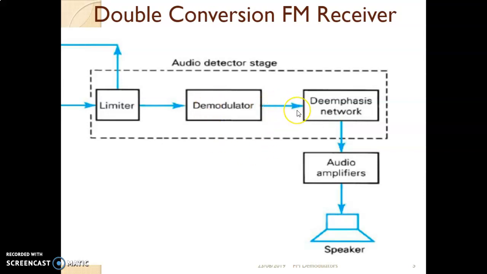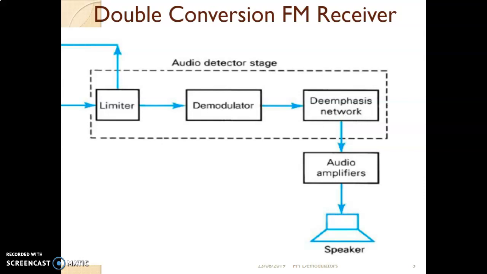Followed by that, if you remember, on the transmitter side we have used a pre-emphasis network, which artificially boosts the high frequency signal. To compensate for that effect at the receiver, we are using a de-emphasis network.